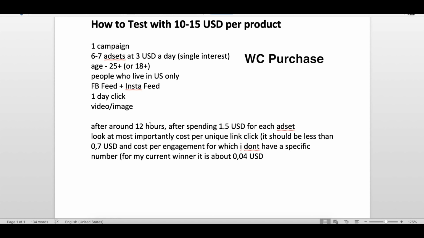If you get good stats for a few days, like some sales, cheap cost per unique link click and cheap engagement, then after a few days, like it took me a week, in my previous video I showed you, it was up and down. It took me around a week.